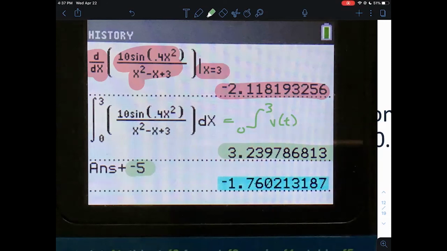We started at -5, and then we changed by this much, which brings us to this position. So there is our answer for acceleration and position. Again, calculator skills, good, we have to work on those, but figuring out what the question is asking you is that big priority.